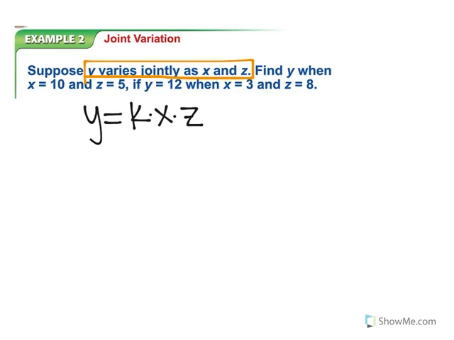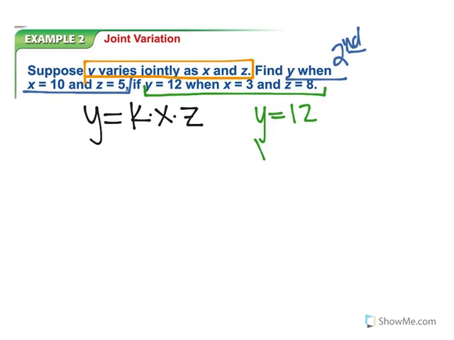The next thing you want to do is look for your initial information. This has it kind of backwards. We're trying to find y when x is 10 and z is 5, so that's going to be our secondary information. What we actually have as our primary information is when y is 12, x is 3, and z is 8. So we're going to use these three numbers first to figure out what k is.